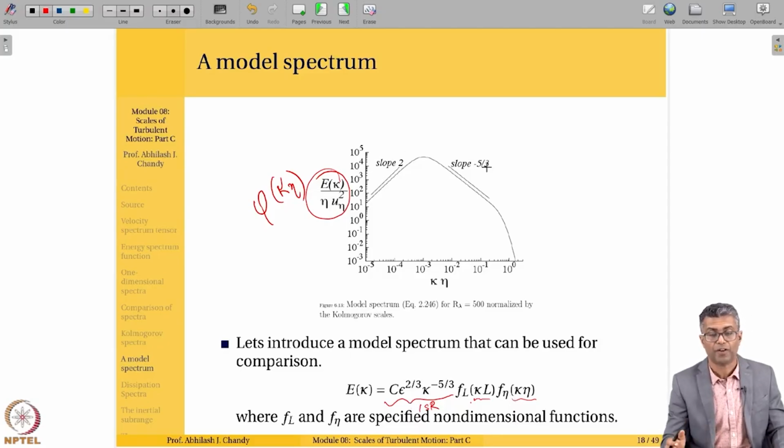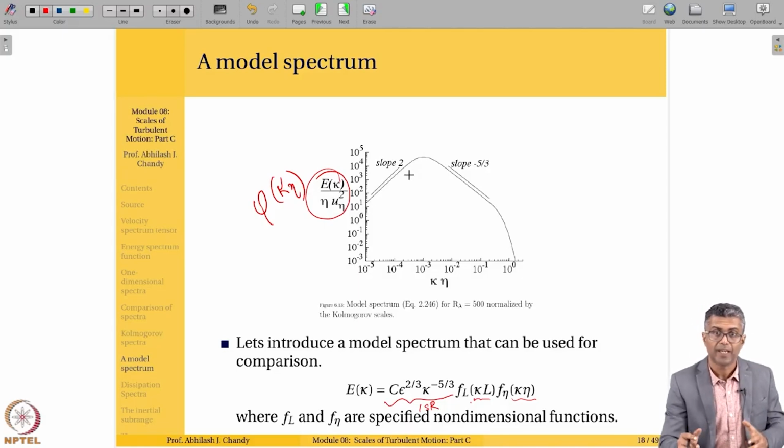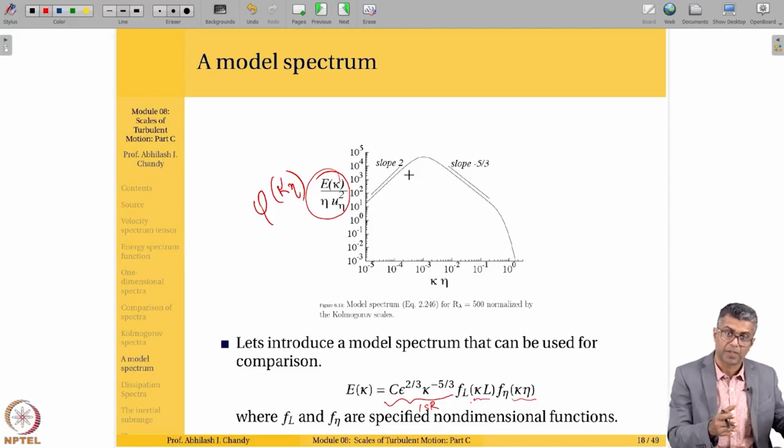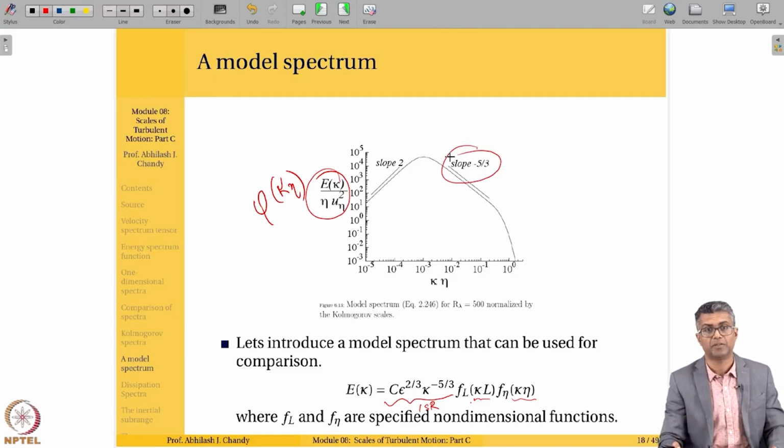Now what is FL and F eta? Of course, those have to be specified as well. So that's what we mean by FL and F eta are specified non-dimensional functions. It turns out this curve has a slope of 2 in the energy containing range. It has a slope of minus 5/3 in the inertial subrange. That is expected.